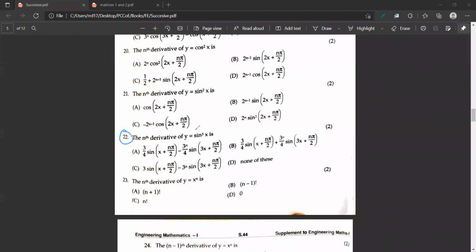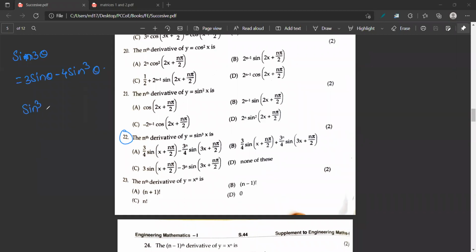Let's go further. Now sin cube x. We don't know what sin cube x is, but we know that sin cube x comes in the formula of sin 3x. So we need that formula. What is sin 3 theta? 3 sin theta minus 4 sin cube theta.